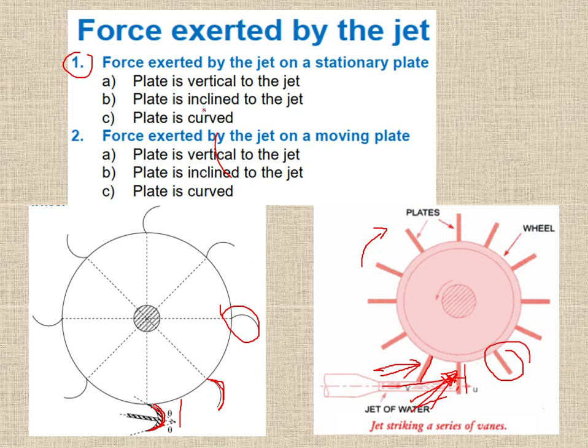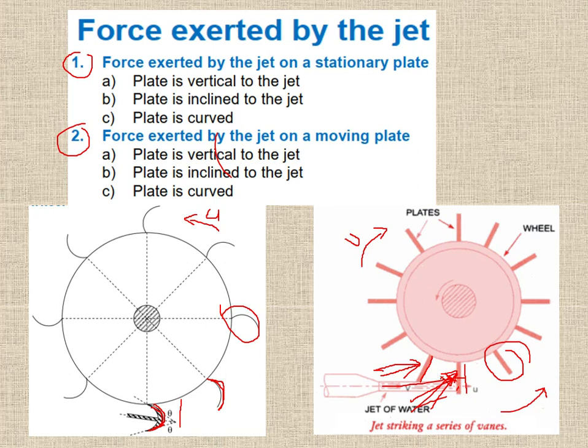In the second part, the force exerted by the jet on a moving plate, the plate or blade is moving with a particular velocity U. The blade can move either in the direction of the jet or opposite to the jet.